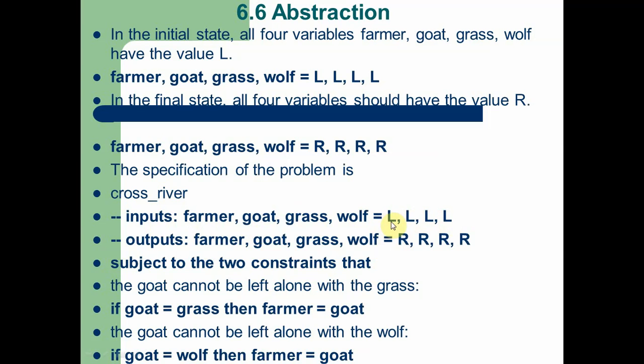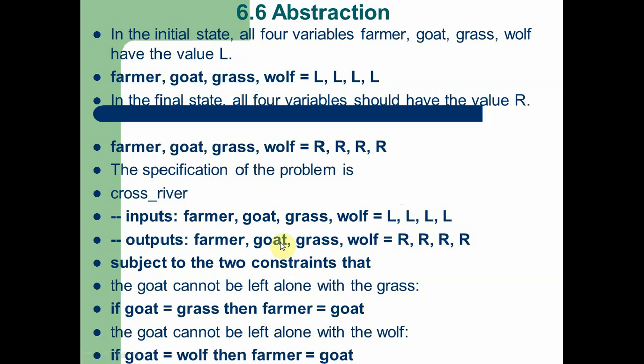That's why the letter L is mentioned, because they are all on the left side of the river. What will be the output? All these variables, farmer, goat, grass, should be on the right side at the end of this process. That's why the letter R is mentioned here. So L represents the left side and R represents the right side of the river.